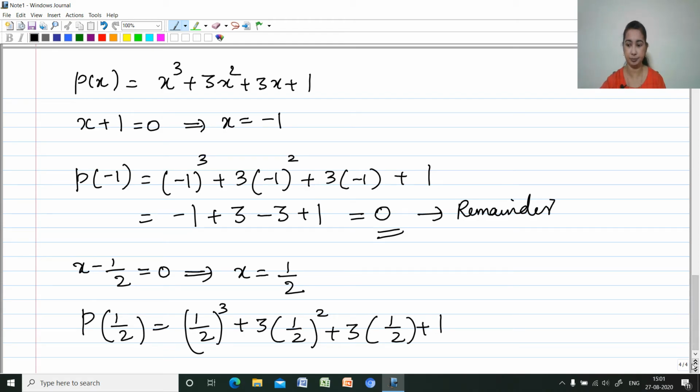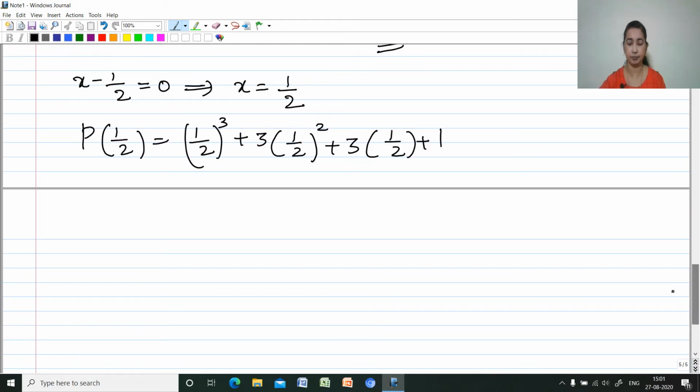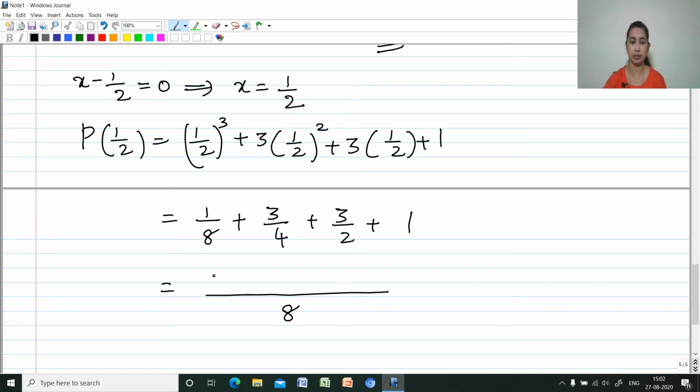Simplifying, 1 by 2 whole cube gives 1 by 8 plus 3 by 4 plus 3 by 2 plus 1. Now we can make it whole divided by 8, so that all the denominators are equal. So here it is 1, here in order to make it 8 I have to multiply the numerator by 2, so it becomes 6.